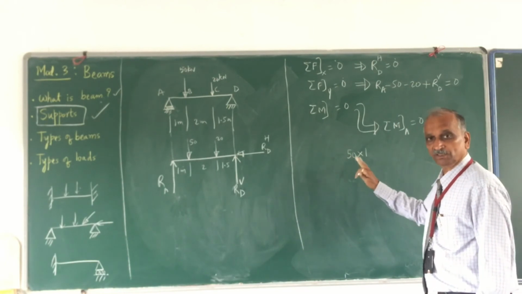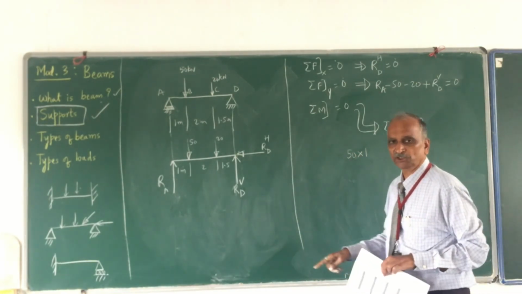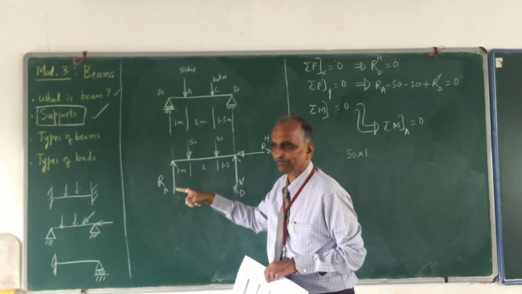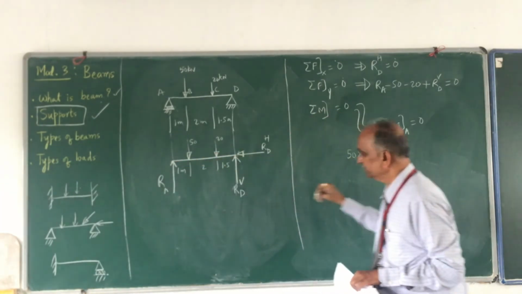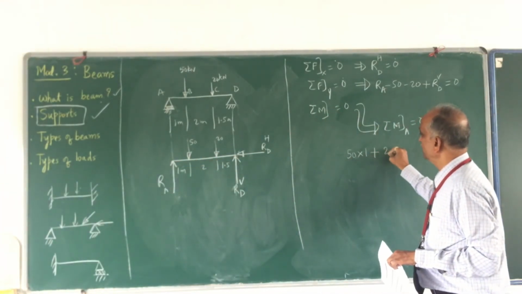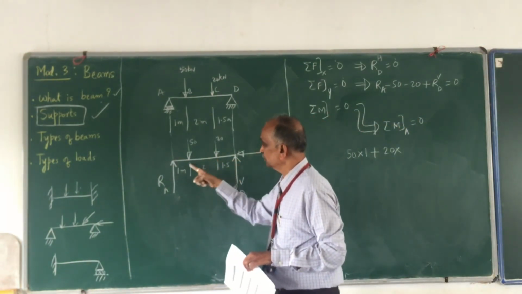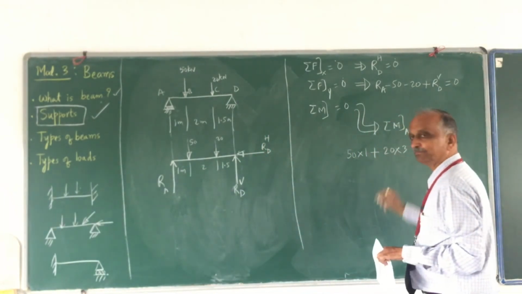That means unknowingly I have made a sign convention that clockwise moment is positive. Then 20 kilonewton above it, this also is clockwise. Therefore this is plus 20 multiplied by, what is the distance between this and this? It is not 2, it is 2 plus 1, 20 into 3.